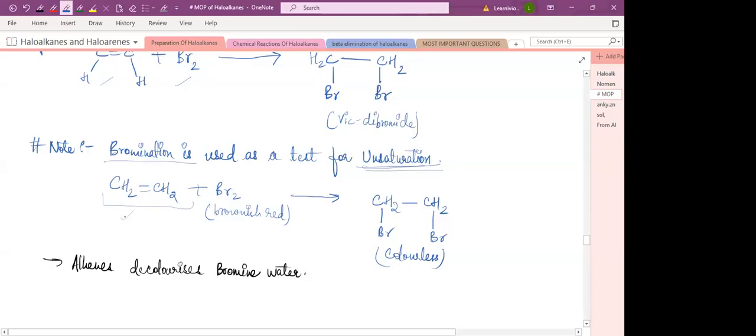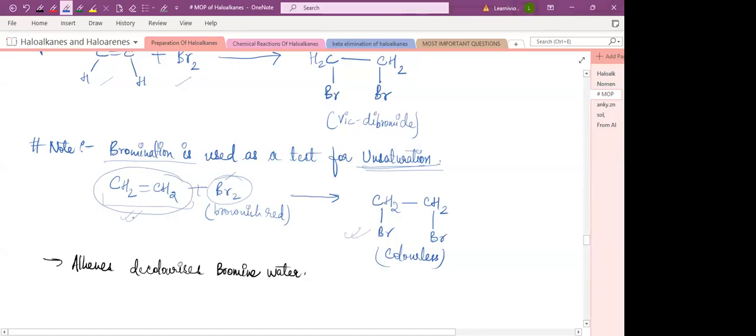So for example, if you don't know whether your compound is unsaturated or not, a simple test you can do is just add bromine water to it. We know that bromine water has a brownish red color. So when you add an unsaturated compound to bromine water solution or liquid bromine, it decolorizes your bromine, and you will get a colorless compound.